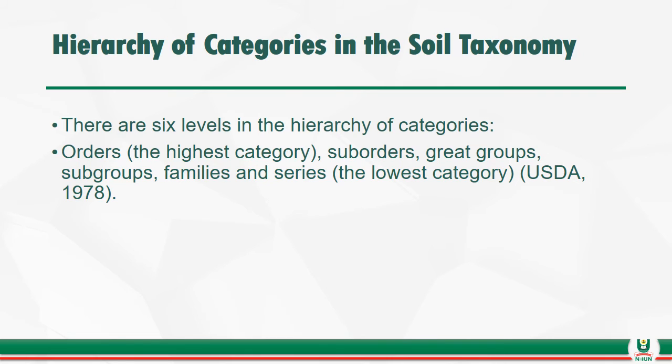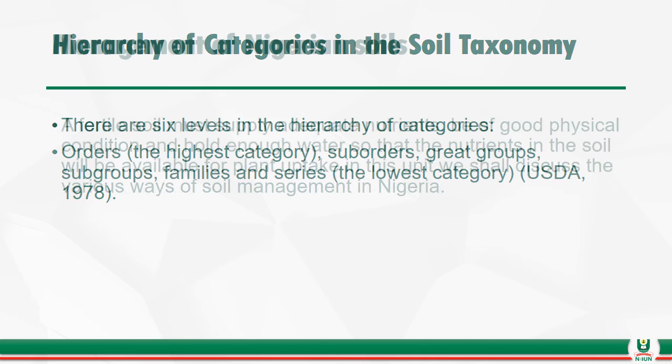In the soil order, we have 12 orders in the USDA soil taxonomy. Some of them include alfisol, ultisol, oxisol, spodosol, entisol, inceptisol, aridisol, vertisols, and several others, about 12 of them, and all of these have different properties that distinguish them.